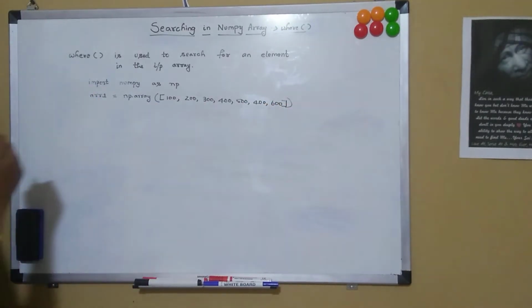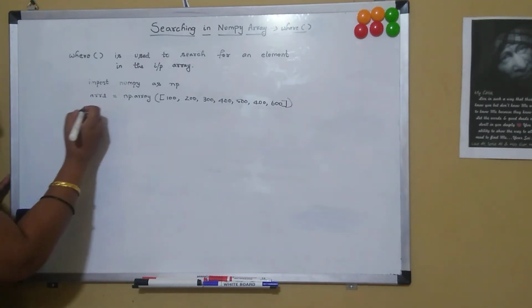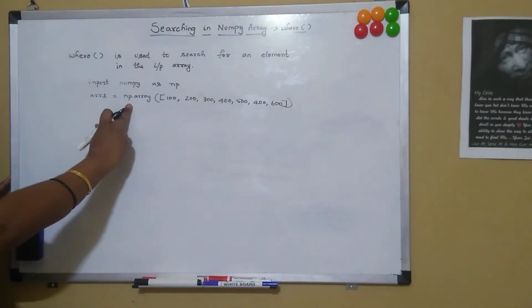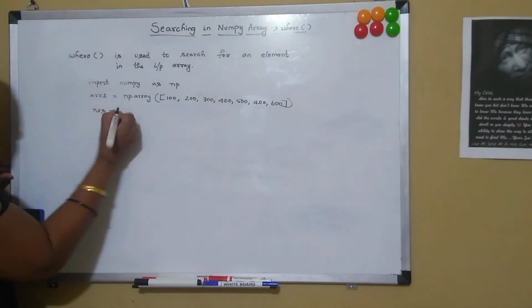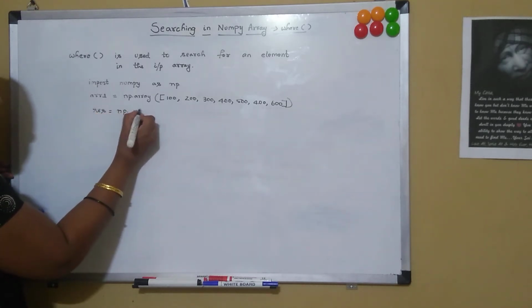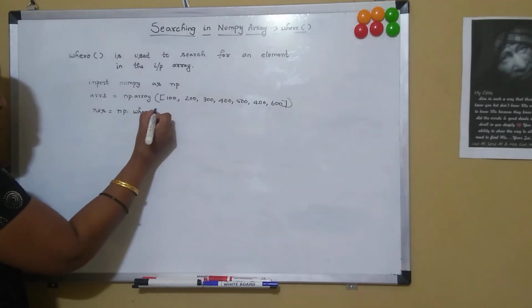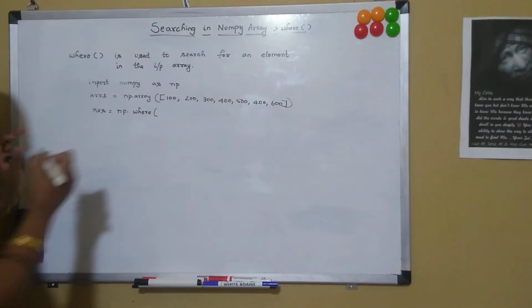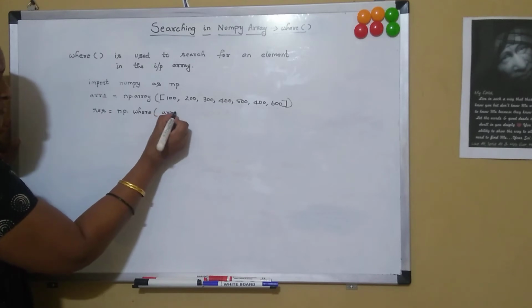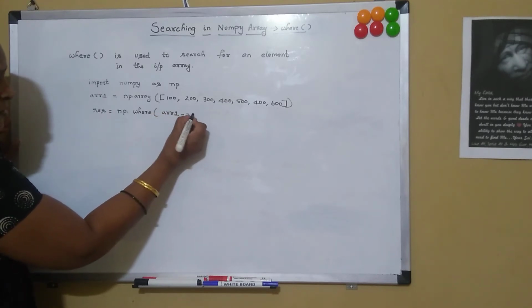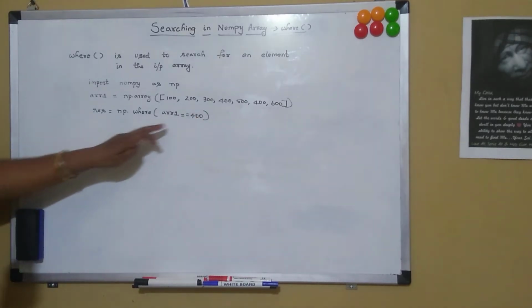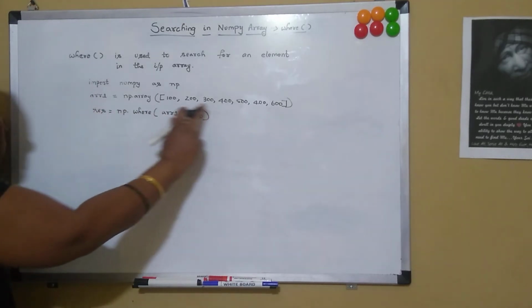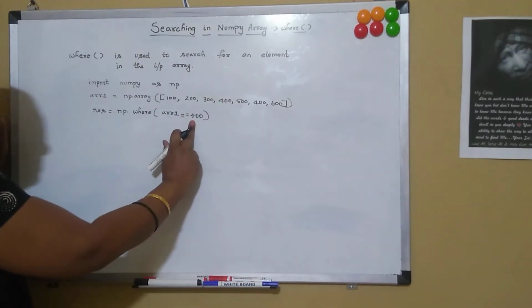So this is my input array. Now this is with just a condition, without passing x and y. So now let me say my result is equal to np.where, and I give the condition array1 equal to 400. In this array, there are two 400s which satisfy this condition.